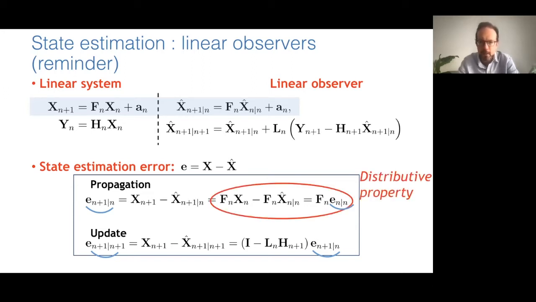This is entirely owed to the distributive property of linear maps: f x minus f hat x is equal to f times x minus hat x. In both cases, propagation and update, this is the property that's at play.